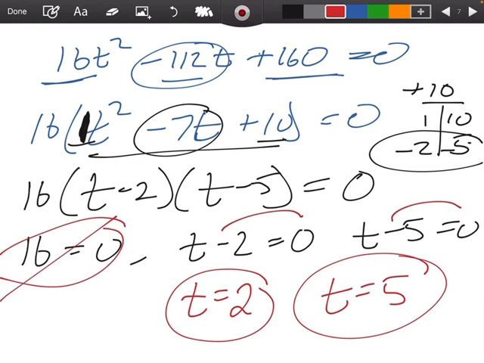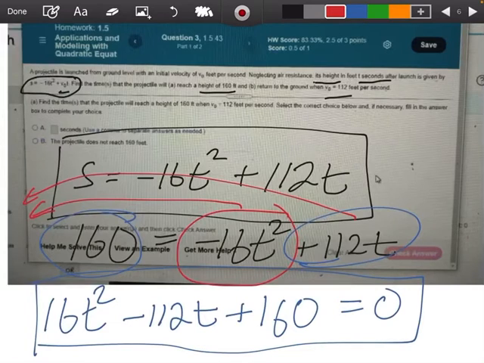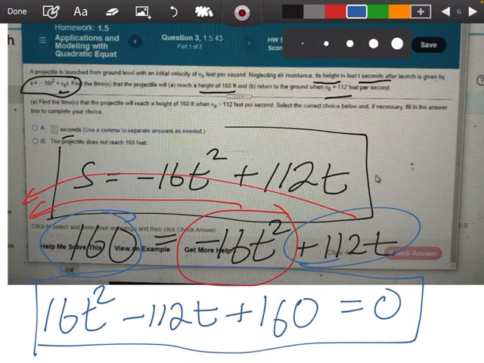So if I come back to our problem, part A, when is it going to reach 160? We got it right here. It says to use a comma to separate the answers as needed, so I'm just going to enter 2 and 5. No parentheses, nothing like that. Those are just the values.